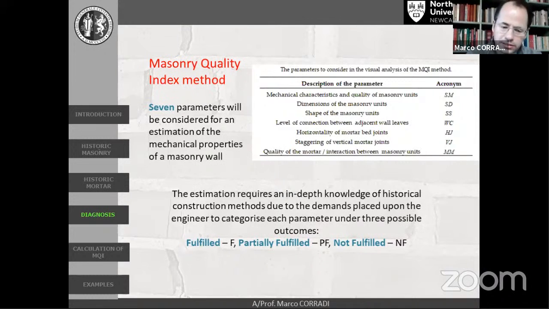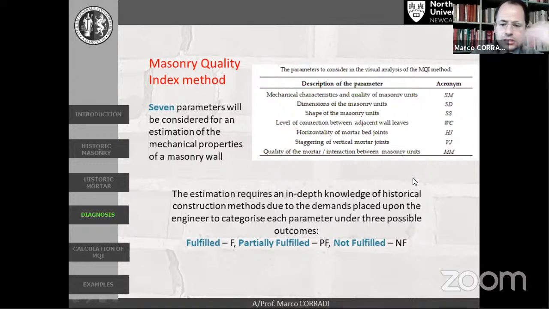The dimensions of the unit, if they are very small or very large units. The shape of the masonry unit, so if it's perfectly square masonry, the level of connection between multi-leaf walls, the horizontality of the bed joints, and the staggered characteristic of the head joints.